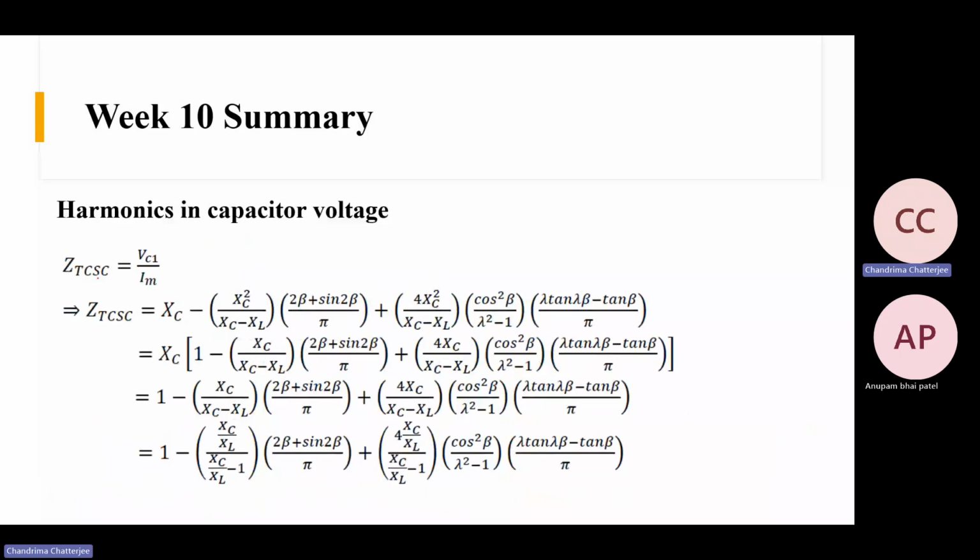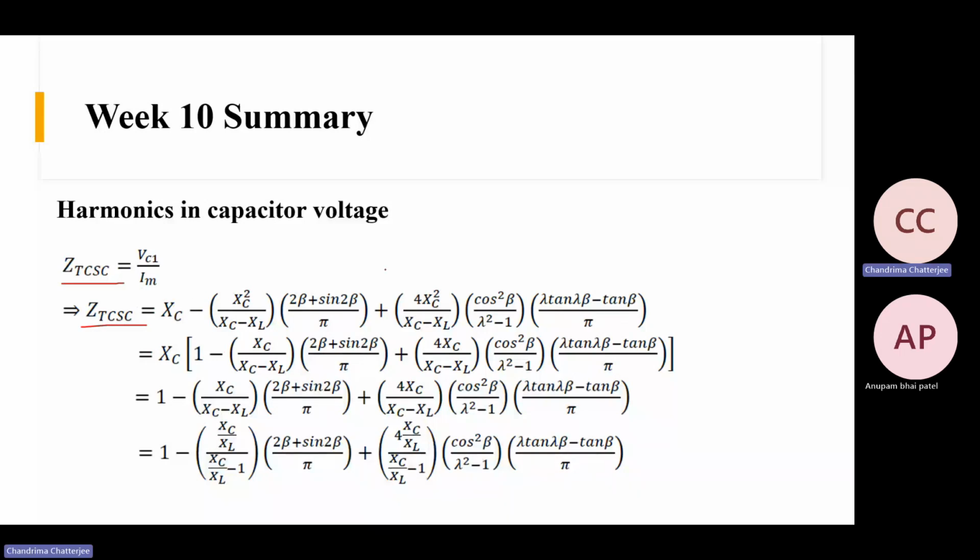Now, if we want to find out the net impedance, ZTCSC, that will be simply VC1 by Im. Why? Because VC1 is the peak of the fundamental and Im is the peak of the line current. So just divide the voltage peak by the current peak and you will get the net impedance, the effective impedance seen by the line.